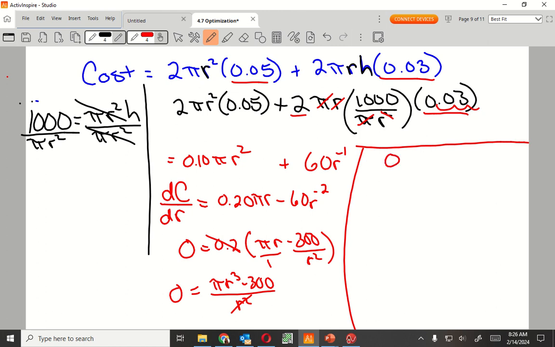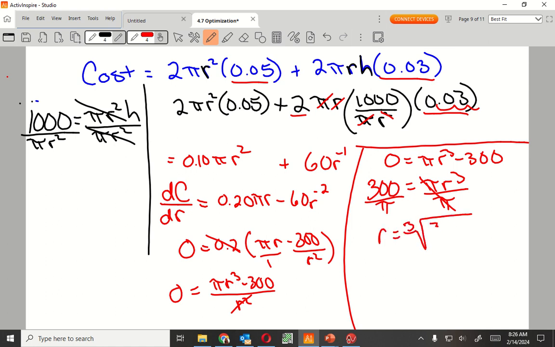So it's going to be 0 equals pi r cubed minus 300. Add 300 to both sides. Pi r cubed divided by pi. And then cube root both sides. So r is equal to the cube root of 300 over pi.